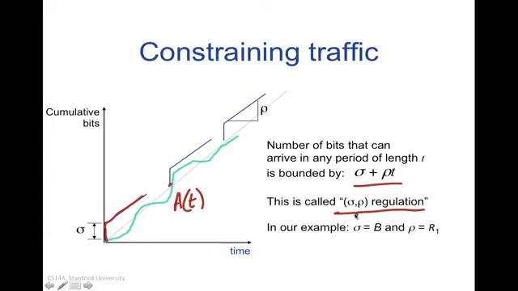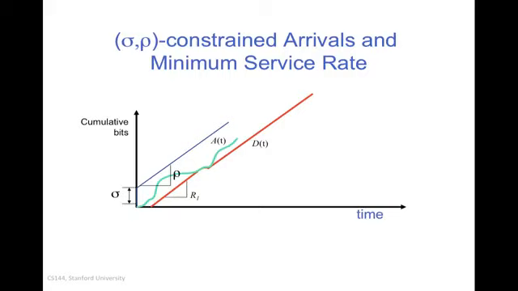And the only reason I'm telling you about sigma rho regulation is that you'll find it commonly described in textbooks as sigma rho regulation. And in our example, I just happened to use b and r1 for the Q I was looking at. Okay, to reiterate this point then, if I've got sigma rho constrained arrivals and a minimum service rate, so my minimum service rate here is R1, that's the rate at which the queue is being served. I've got a cumulative arrival process here, the green-blue line, and then the departure process here, the red line.